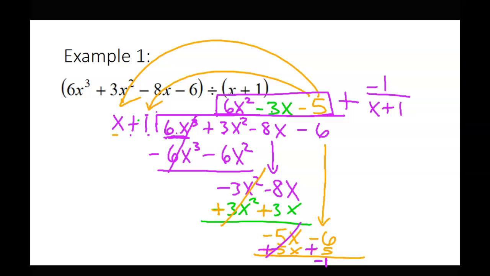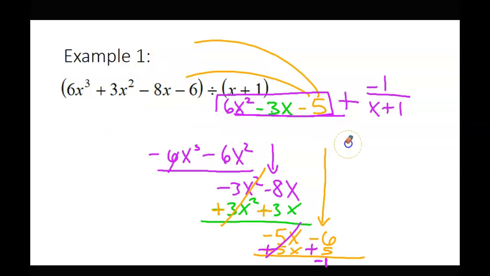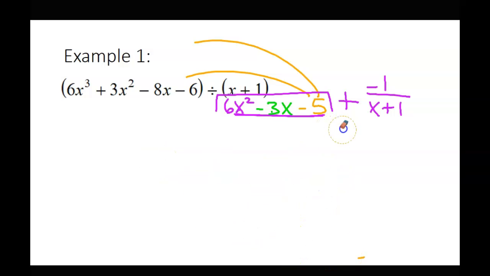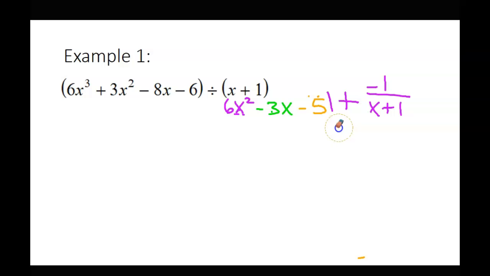So if you guys were taking a multiple choice test, this is the answer you'd be trying to find. Okay? So that's how you divide polynomials. It's exactly the same as dividing numbers. It's just a little more complicated because the x's and stuff were all over the place.